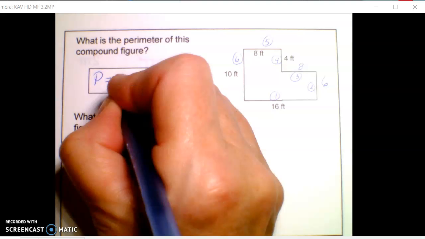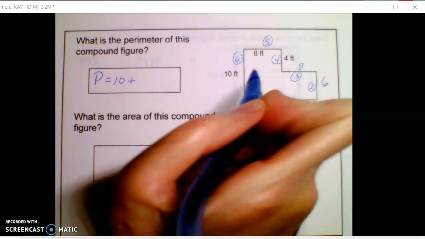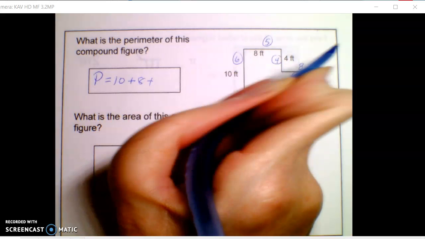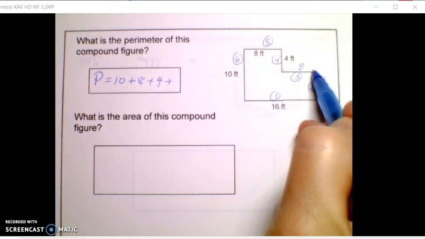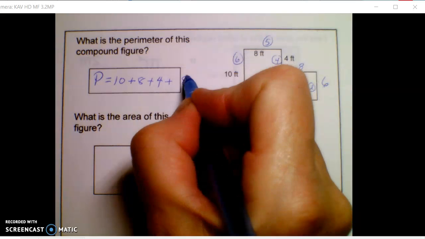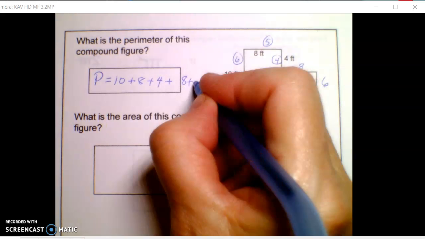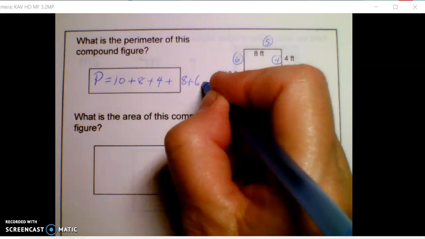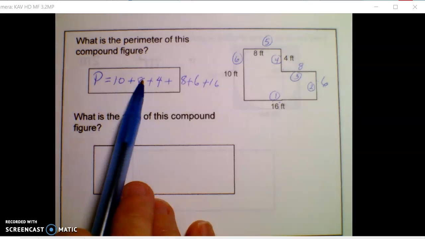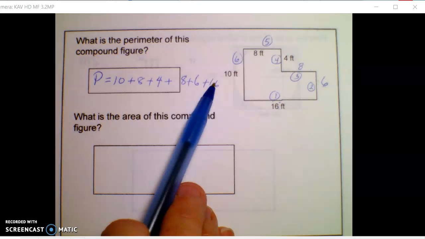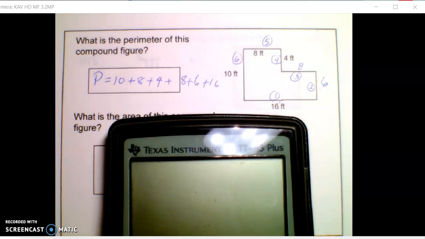So we have 10 plus 8 plus 4 plus 8 plus 6 plus 16. And I'm just going to count to make sure I have 6 sides. 1, 2, 3, 4, 5, 6. Okay, I'm just going to use my calculator.